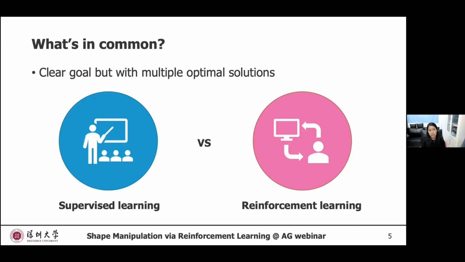Yeah, this is what I can see from my experience. When you have multiple solutions, or when you cannot really construct a set of good solutions, then maybe using reinforcement learning with a good reward function to guide the training will get better results.